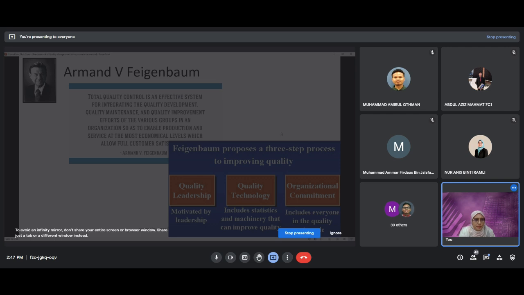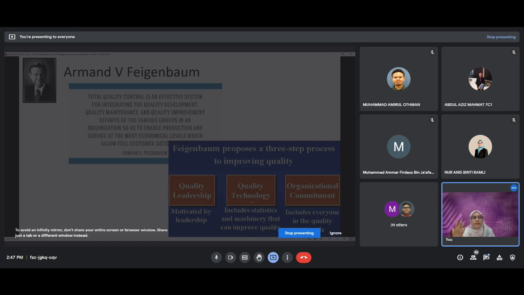And Feigenbaum proposed a three-step process to improve quality. The first step is quality leadership. Again, quality has to be a top-down approach, motivated by the leadership. Then quality technology includes statistics and machinery that can improve the quality.